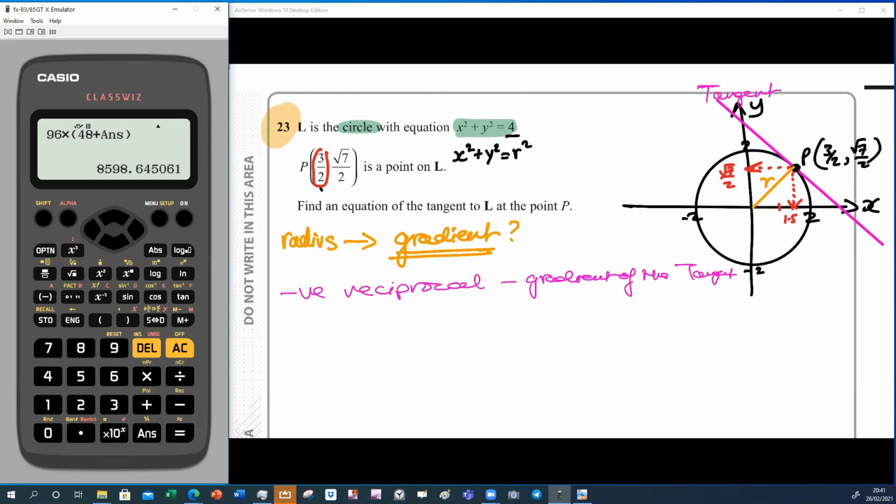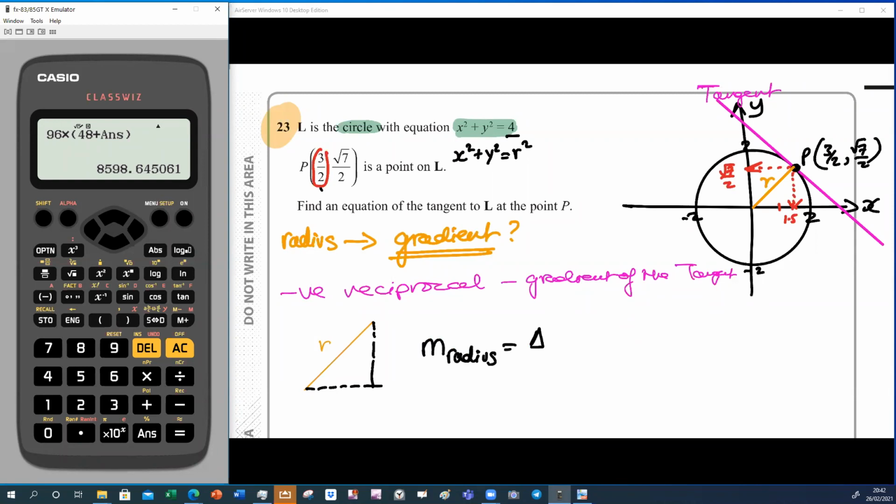So now let's have a look. How do you work out the gradient of the radius? Let's draw it. I want to draw a straight line. That's better. There's the radius there. If I want to work out the gradient of the radius, how do I do it?